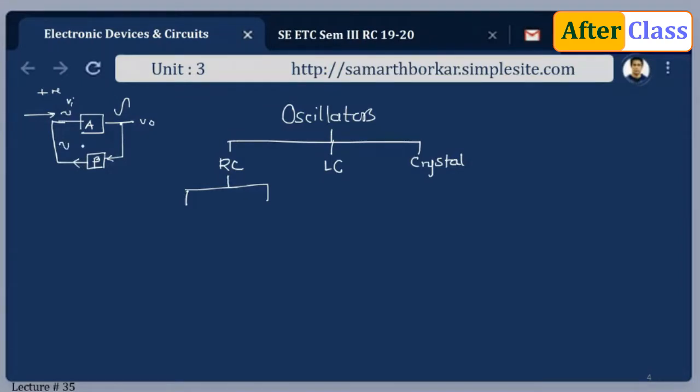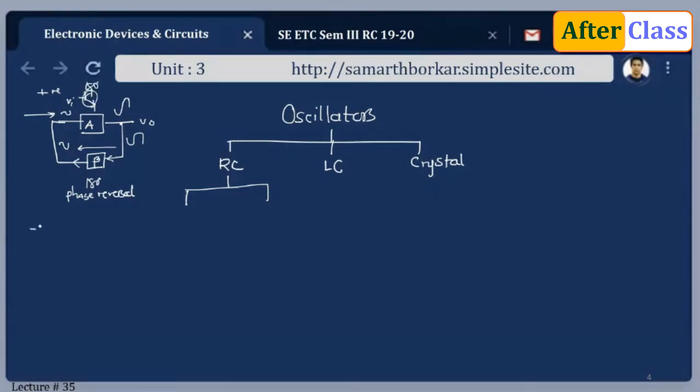Now you compare the two signals. The signal here is this kind of it, and here during the first half it is positive, here it is negative. So the job of this particular feedback network is to introduce another 180-degree phase shift. There is a phase reversal. The another term is phase reversal, 180-degree phase shift.